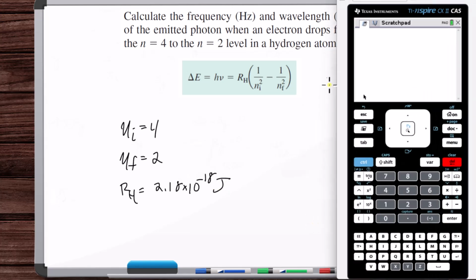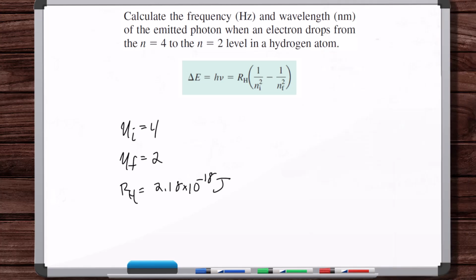So let's see, we've got 1 over 16 minus 1 over 4 times 2.18 times 10 to the minus 18, which gives minus 4.088 times 10 to the minus 19.